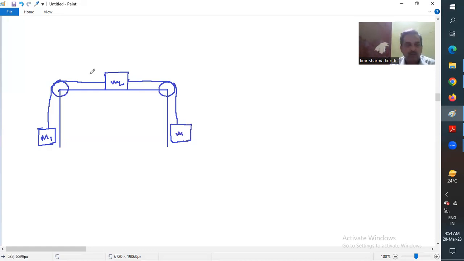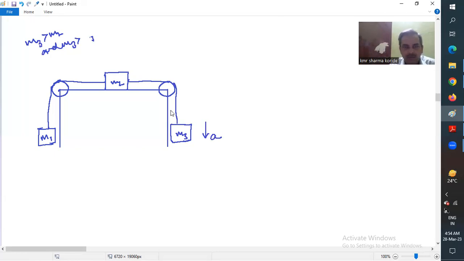Now, in case you take M3 greater than both M2 and M1, definitely you can expect M3 to come down with acceleration. So now let us list out the tensions.